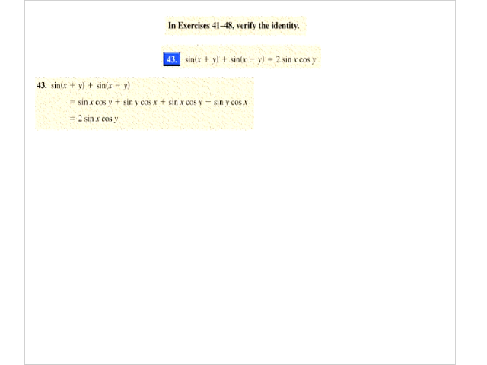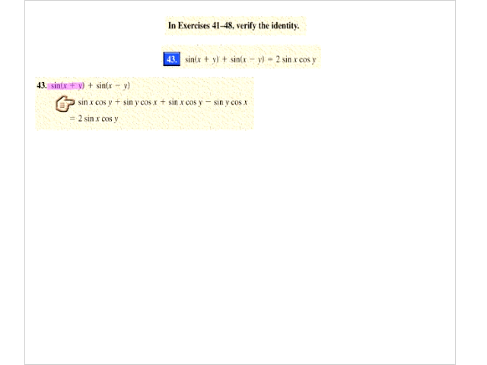Next we need to verify the identity. We are simply going to use our sum of angles formulas and the difference of angle formulas here. Writing this all out, I get cosine x cosine y plus sine y cosine x. Then writing the second one out, I get sine y cosine y minus sine y cosine x.